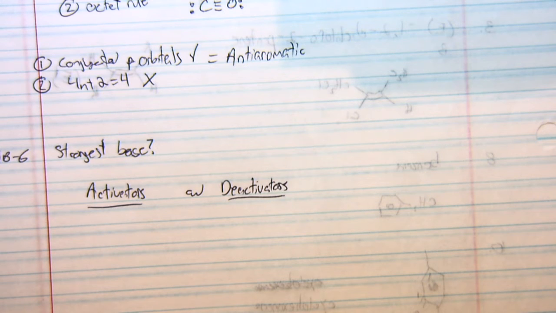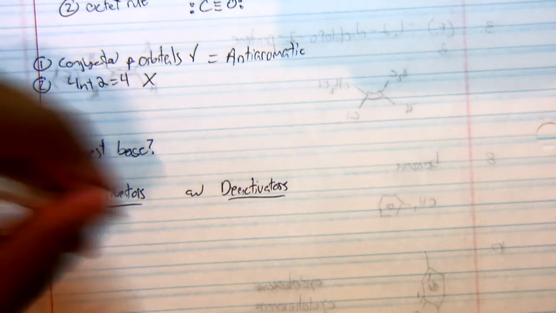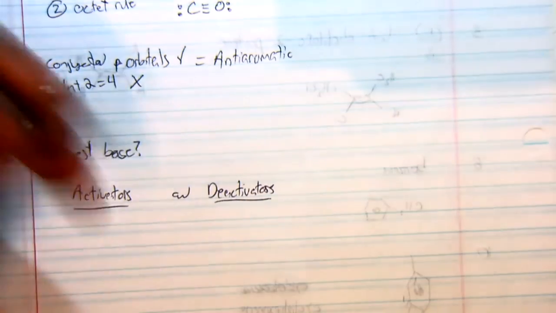When we're talking about electrons in general, would I want my electrons to be delocalized or localized for the base to be stronger? Localized or delocalized? What do you guys say? Or does that not make sense? Okay, let me draw this really quick. This is our question.